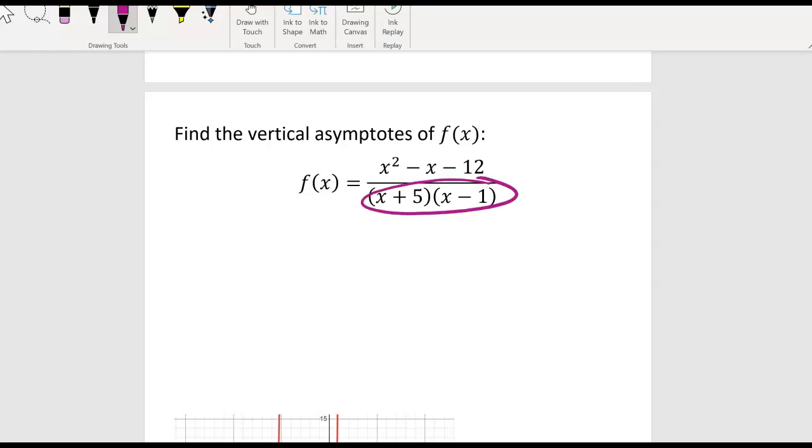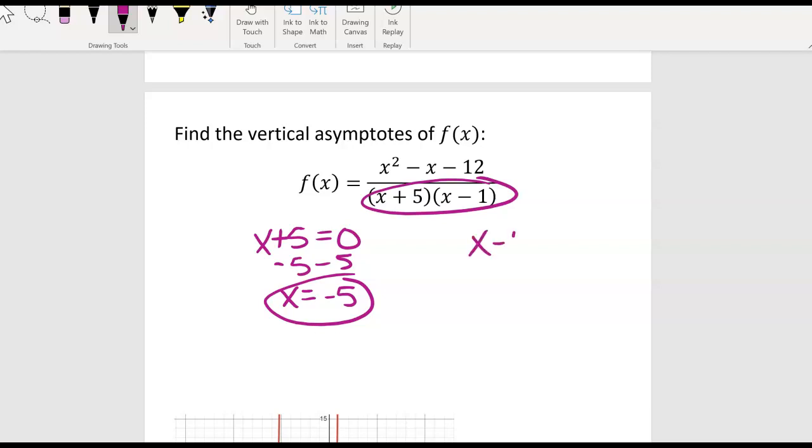Here we go. I'm going to take my first factor, lose the parentheses, set it equal to 0, and solve. X equals -5 is one of the lines. Take the other factor, x minus 1, lose the parentheses, solve, and that is the other equation. So I have 2 vertical asymptotes.